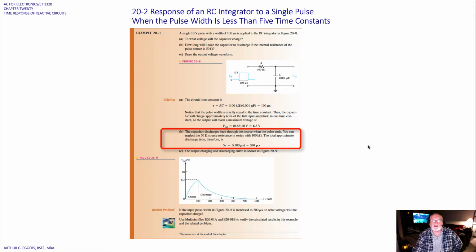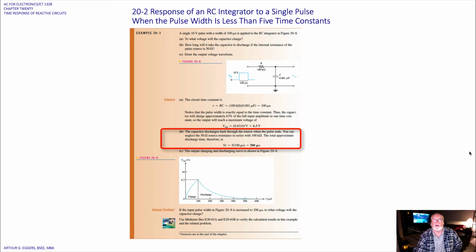The capacitor then discharges back through the source when the pulse ends. You can neglect the 50 ohm source resistance in series with the 100 k ohm resistor. The total approximate discharge time, therefore, is 5 tau, 5 times 100 microseconds, which gives us 500 microseconds.